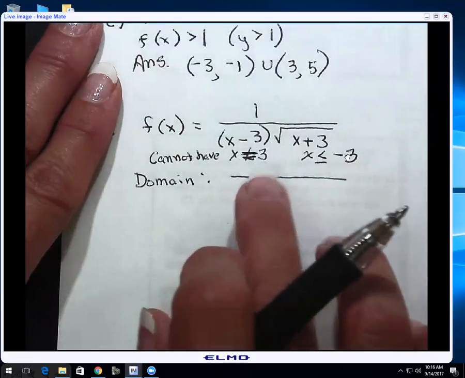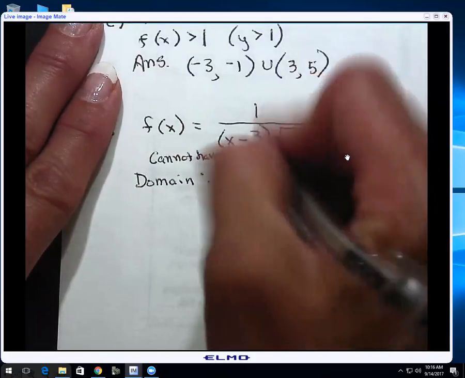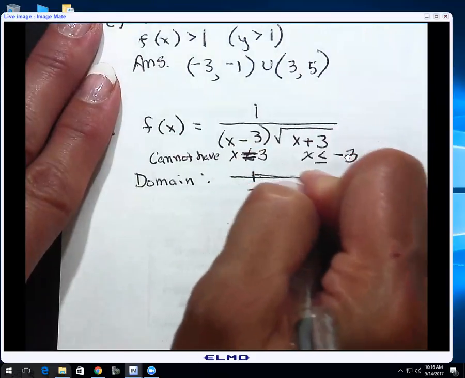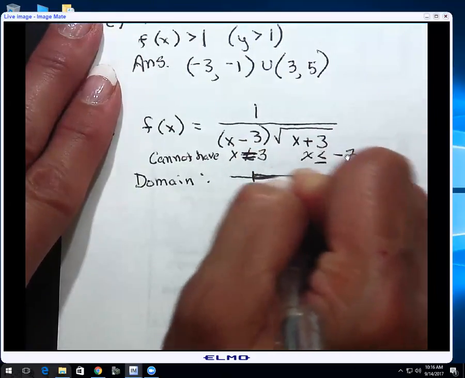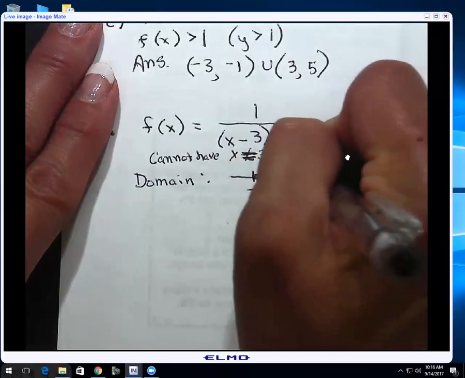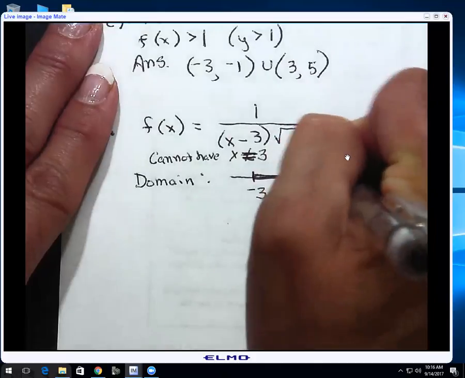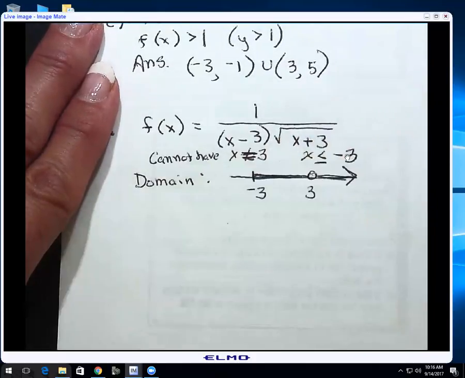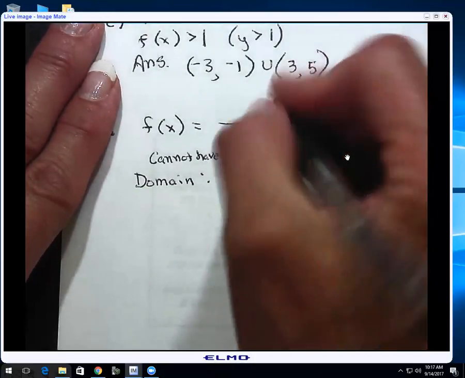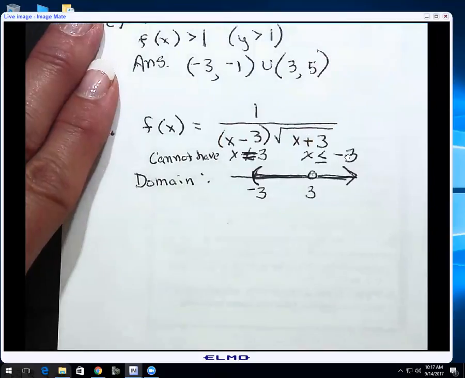I can use greater than -3. This is -3. I can use anything bigger than that except for what? Except for 3. I can't use 3. And we said we could not use -3 itself, so that's going to have a parenthesis on it.